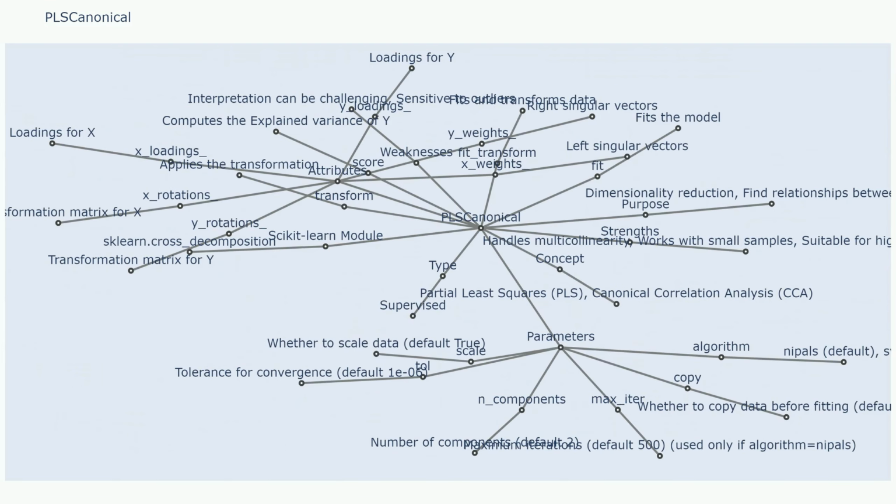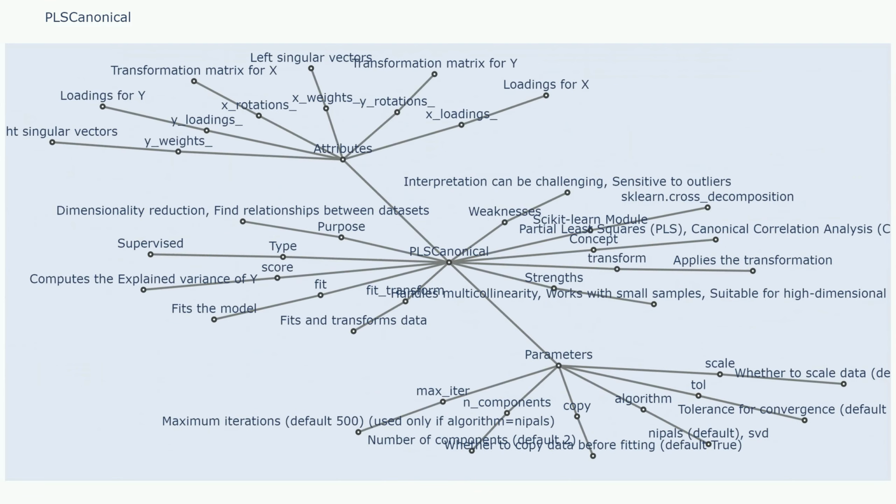Weight estimation. The algorithm calculates weights for the original features to reconstruct the projected scores. 5. Convergence. The process continues until a convergence criterion is met, usually when the change in the covariance between the projections becomes sufficiently small.